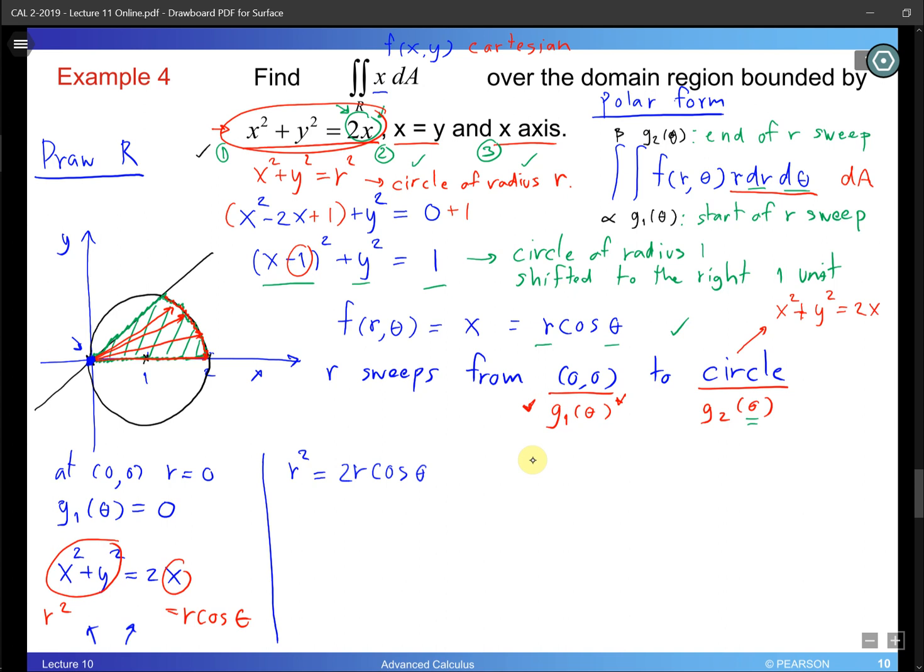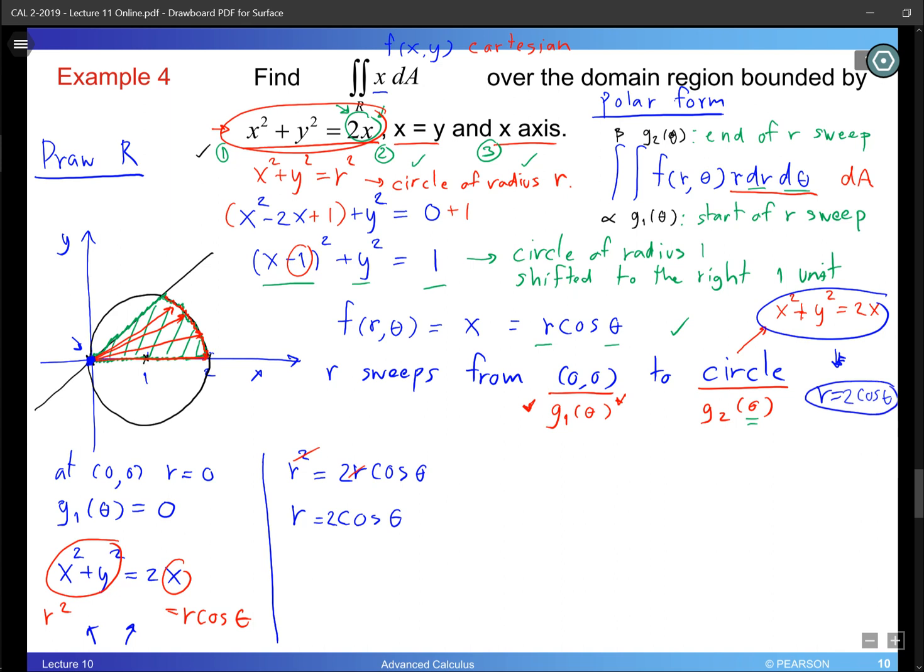Alright, it seems like we can cancel some of the r's. So here we have r equal to 2 cosine theta. And this is the equation for the circle. Same thing, this equation is the same as r equals, forgot the 2 again, 2 cosine theta.